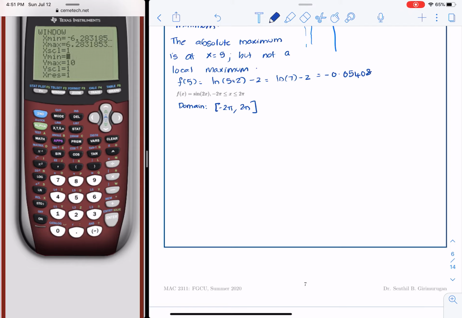Sine doesn't exceed 1. And I end up getting that graph.